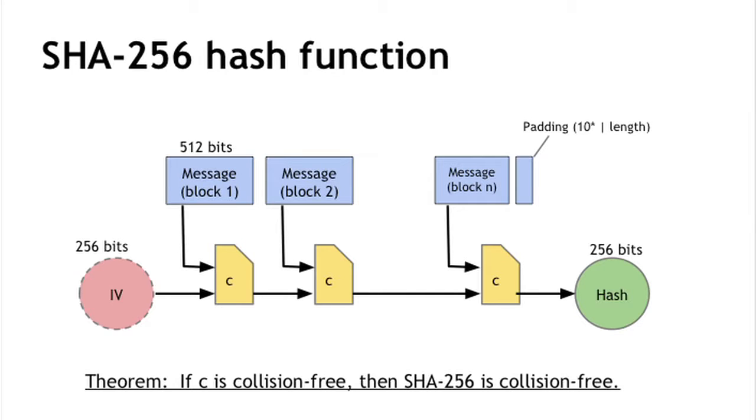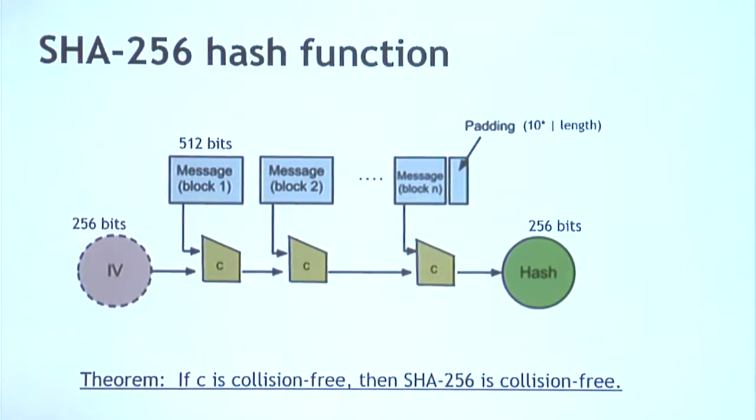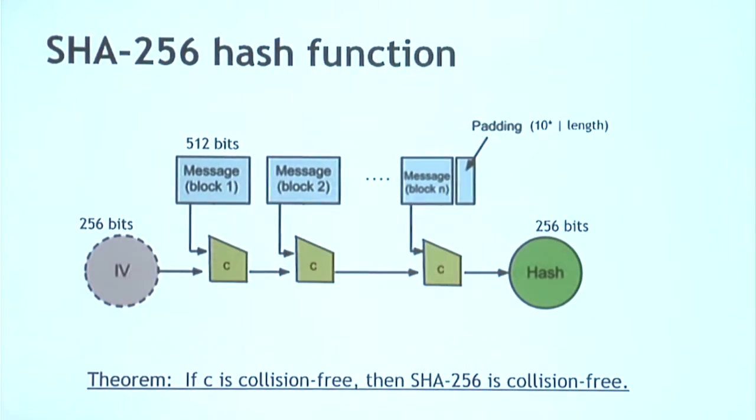So once you've padded the message so that its length is exactly a multiple of the 512-bit block size, you then chop it up into blocks, and you then execute this computation. You start with a 256-bit value called the IV. That's just a number that you look up in a standards document. And then you take the IV and the first block of the message, you take those 768 total bits, and you run them through this special function C, the compression function, and out comes 256 bits.